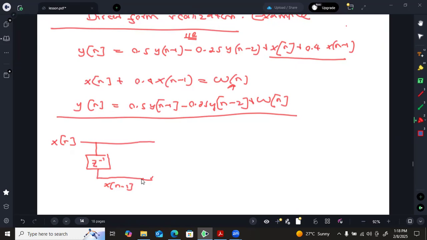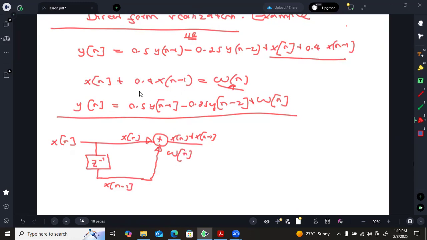Then bring it here, add it. So this one comes here, this one comes here. So here you get x of n, and here you get x of n plus x of n minus 1, which is our omega of n there.